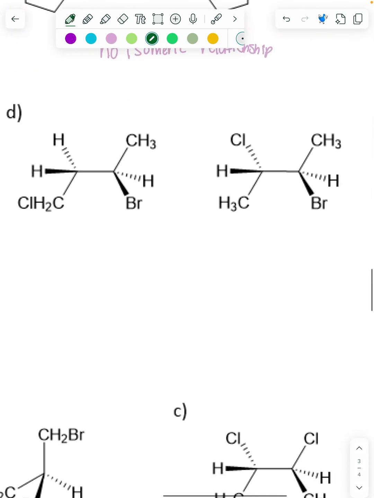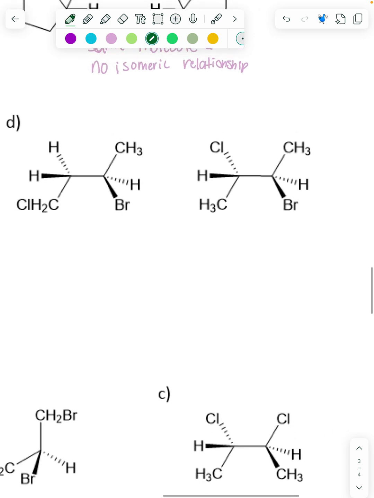Now, looking at these, first we have to determine if we can even identify if they're enantiomers, diastereomers, or meso compounds. We need to see if we have a chiral atom. So we're going to start right here. We know that this carbon is connected to a carbon, a hydrogen, and another hydrogen. Because it's connected to the exact same thing right here, that's not a chiral atom. So now we have to look at the connectivity and the chemical formula.